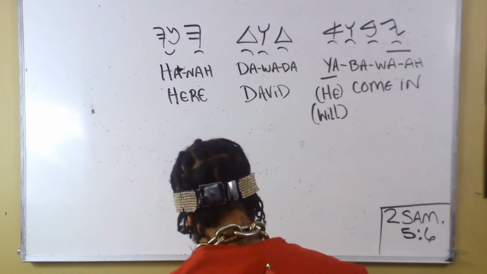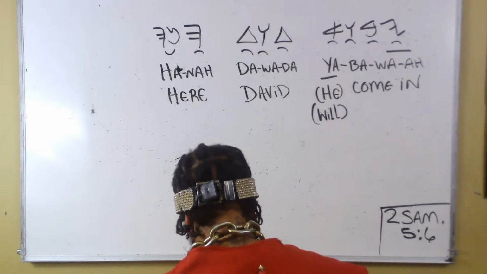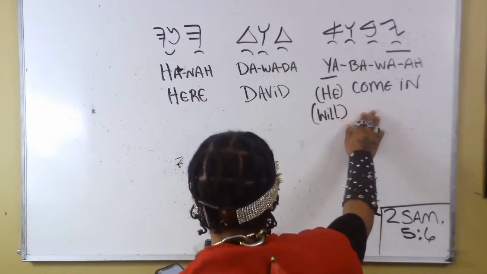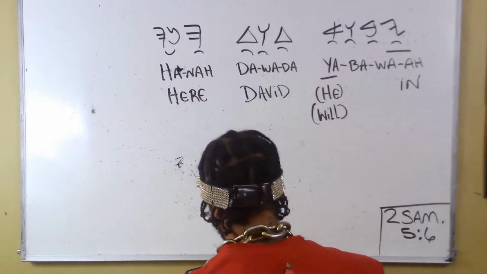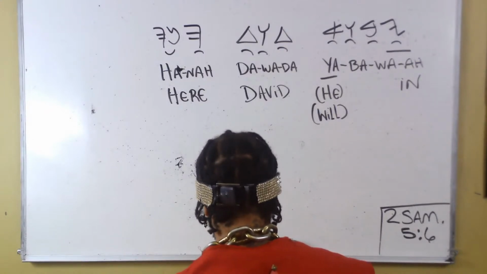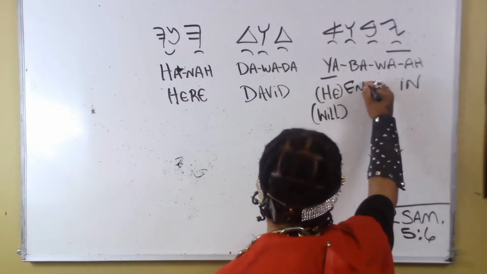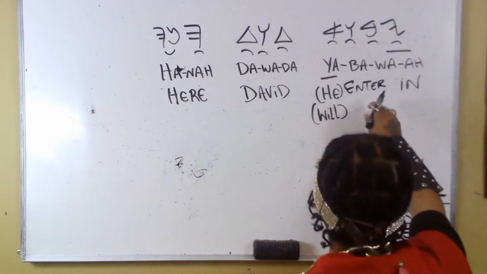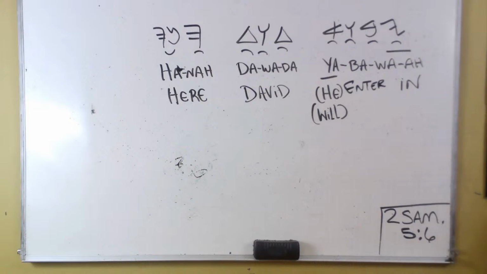Let me see. Hold on. Yeah, La'a, Yabawa'a. So this was the last word. So not, and we use enter in. There's only two words left in the verse. Not enter in. He will enter in David here. Or he enter in David here.